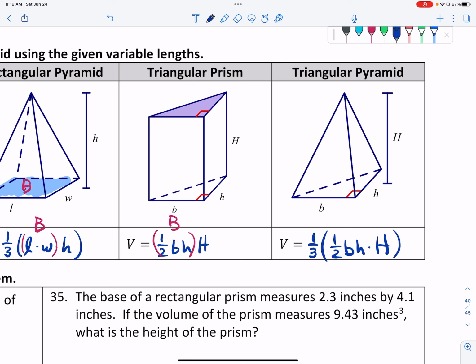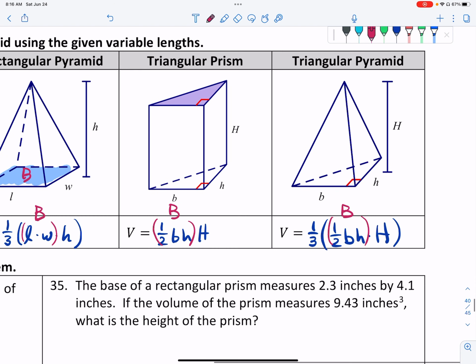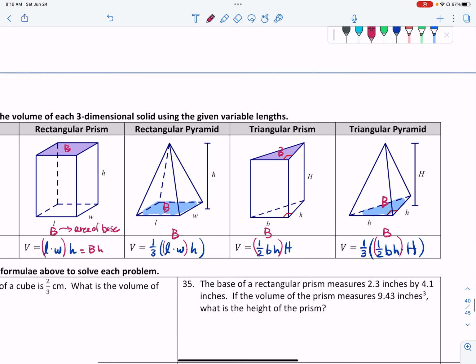And if y'all wanted to, you could take this 1/2 base times height, which again is the area of the base. It's this guy that's down there. That's an ugly B. That's a better B. Hey, this one over here, that is also a B.